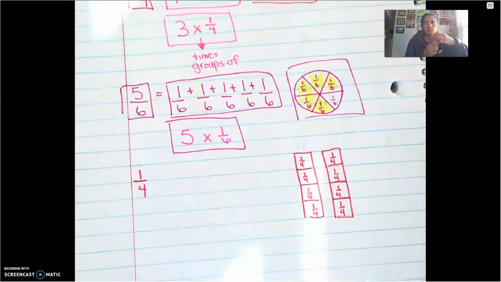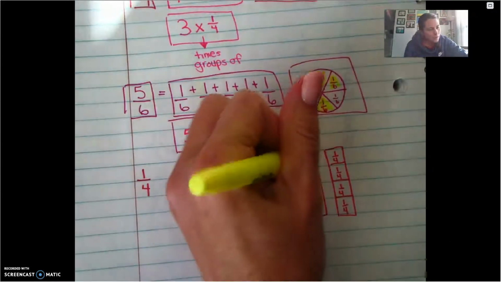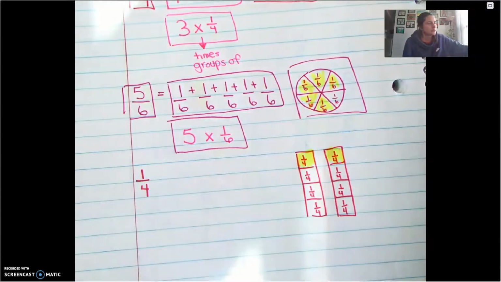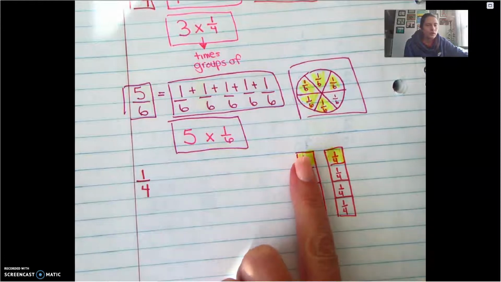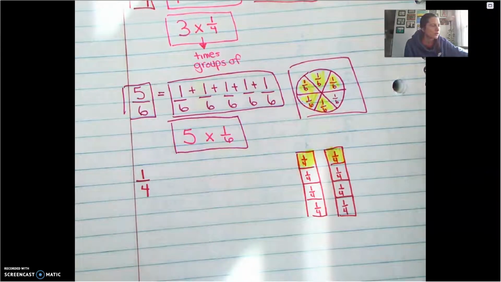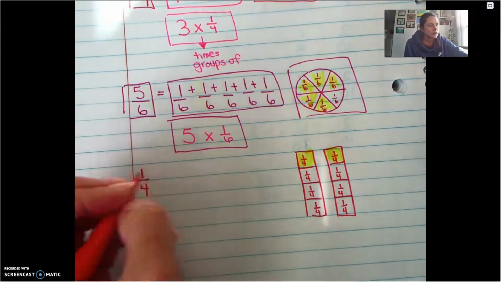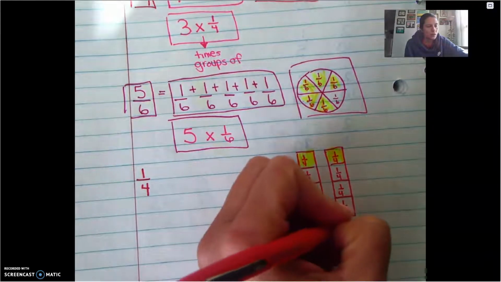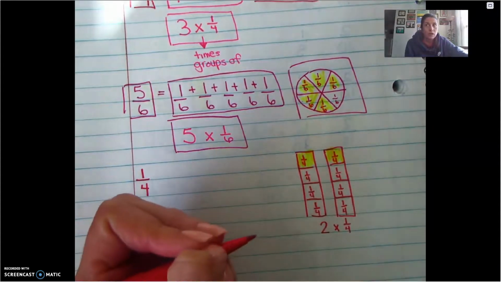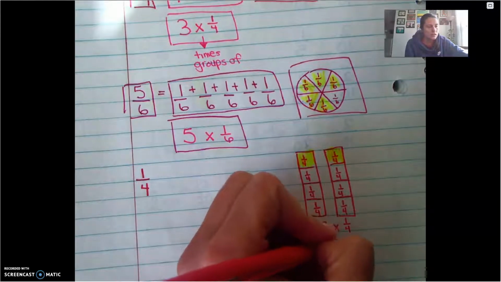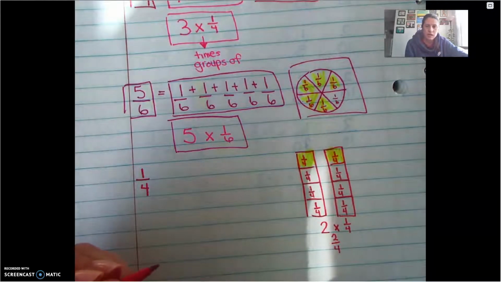All right. So I'm going to color it in. So we have 1/4. Now we have two groups. How many fourths do we have? So this could be, we have two groups of 1/4, right? And it could also be written as 2/4, correct?